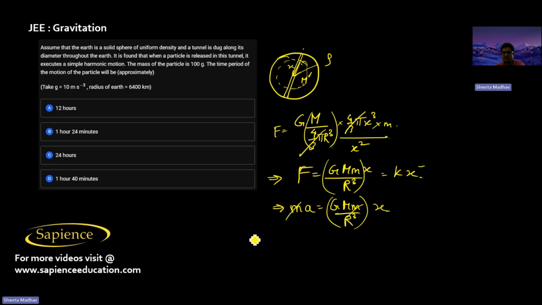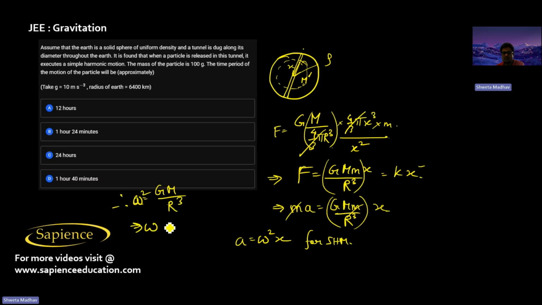So m we can cancel out. Acceleration, we know, is omega square x for simple harmonic motion. So omega square is equal to GM by R cube.